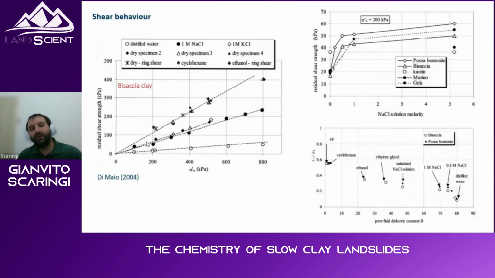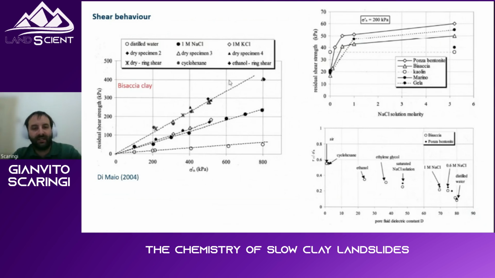You see this in triaxial tests, you see it even better in direct shear tests, in ring shear tests, where you are actually looking for the long-term, large deformation behavior of this clay, which is the typical condition in the shear zone of a landslide. Again, an active clay like this one on the left, in a concentrated salt solution like seawater, will have a residual friction angle of 15, 20 degrees and even more.